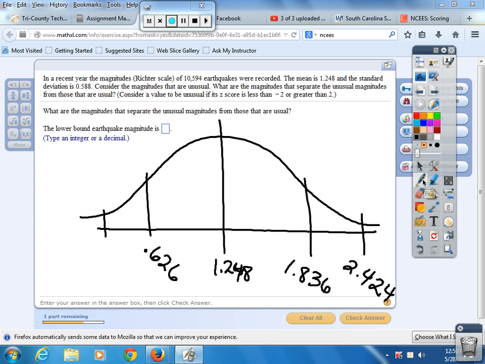Is that what you're trying to tell me? Yes. 0.660. And now take 0.660 and take 0.588 away from that. What do you get? 0.072. So, between 0.072 and 2.424, that's what? Normal.